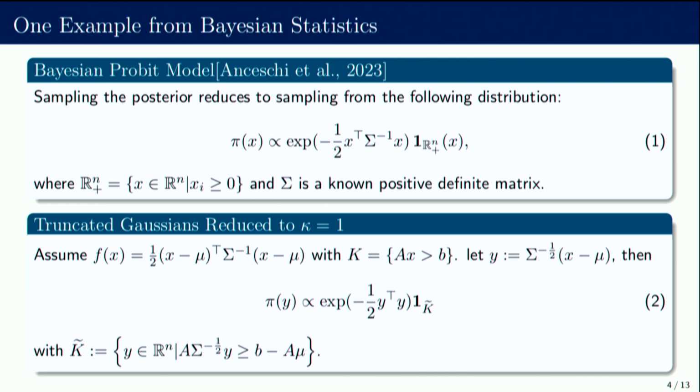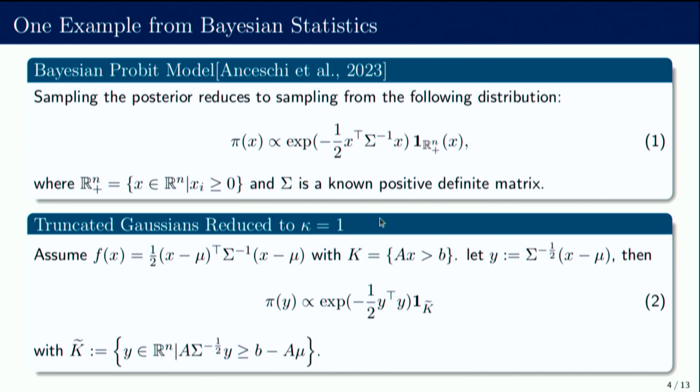Basically, for the Bayesian probit model, sampling the posterior reduces to sampling from this distribution. Here, sigma is a given covariance matrix, and it is truncated on this polytope, where each component is greater than 0. Note that this polytope is not bounded, so our result also works for that.